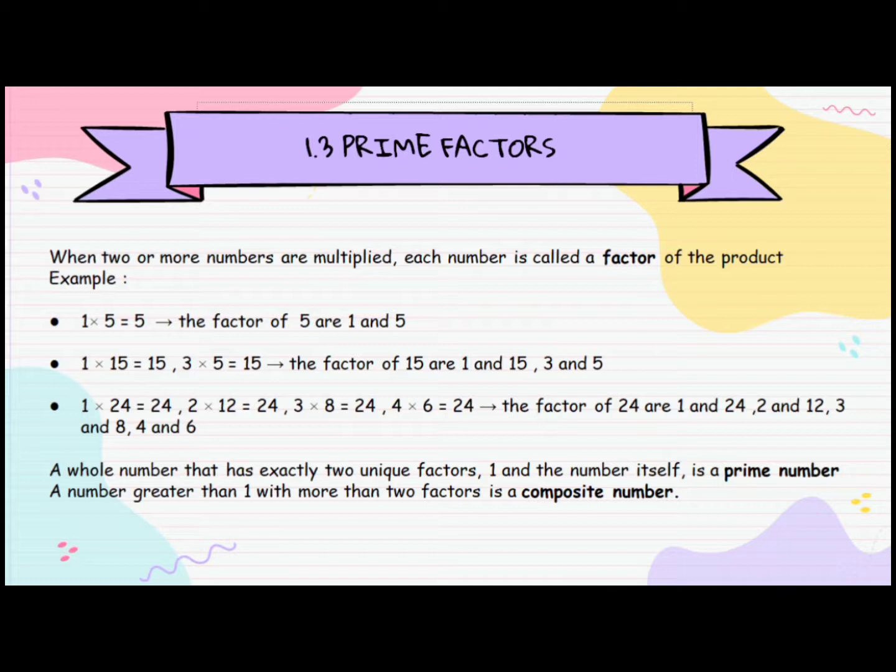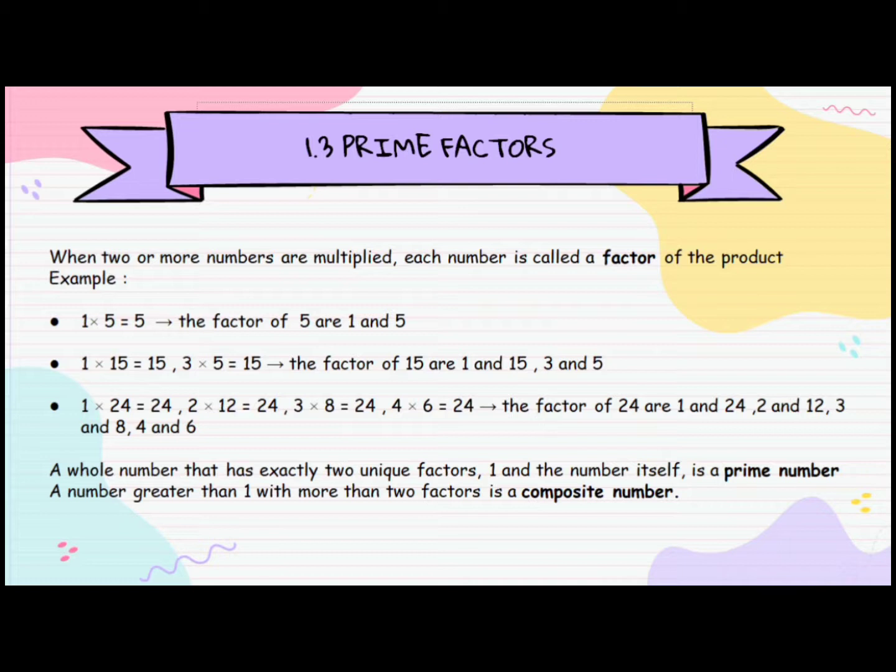Next, 1 times 24 is equal to 24. 2 times 12 is equal to 24. 3 times 8 is equal to 24. 4 times 6 is equal to 24. So, the factors of 24 are 1 and 24, 2 and 12, 3 and 8, 4 and 6.